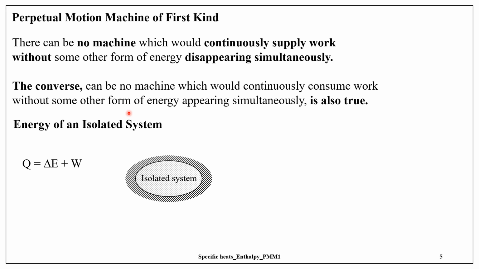And for an isolated system, the first law can be applied, and the mathematical form of that first law is Q is equal to delta E plus W. Since it is an isolated system, there is no interaction either in the form of mass or in the form of energy, and hence Q and W are 0, and hence delta E equal to 0.